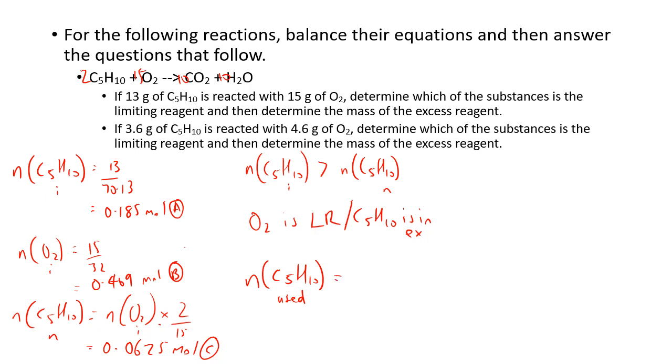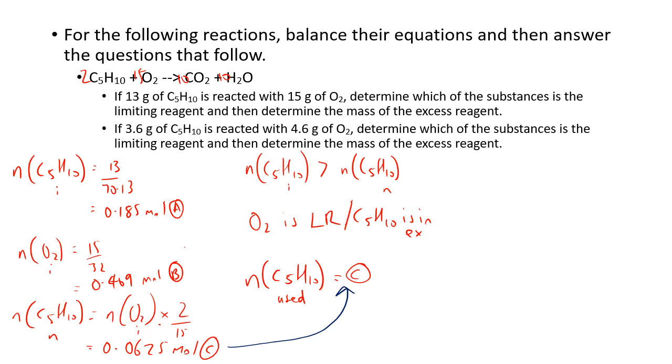Luckily enough, we already know what that is. It's this number here, so it's C, because this number is the amount that is used by all the oxygen. That's how much we needed. If you chose to work out oxygen, you wouldn't have this number; you'd have to work it out by the stoichiometric ratio. But we've already done it.